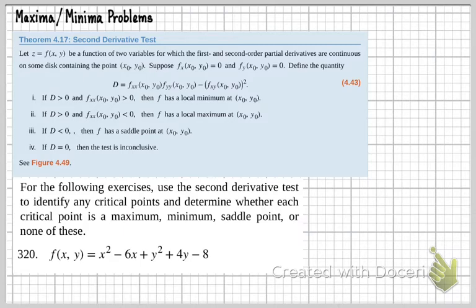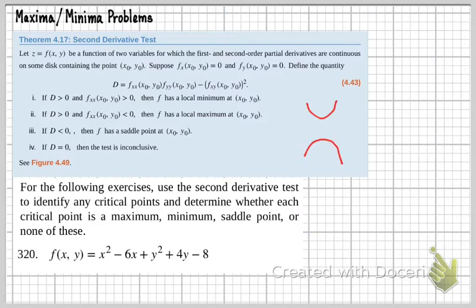So now take a look at this. First, it's a critical point. Then if D is greater than 0 and fxx is greater than 0, then f has a local minimum at (x naught, y naught). The way I look at this is when we take the second derivative in Calc 1, that usually tells us concave up or concave down.